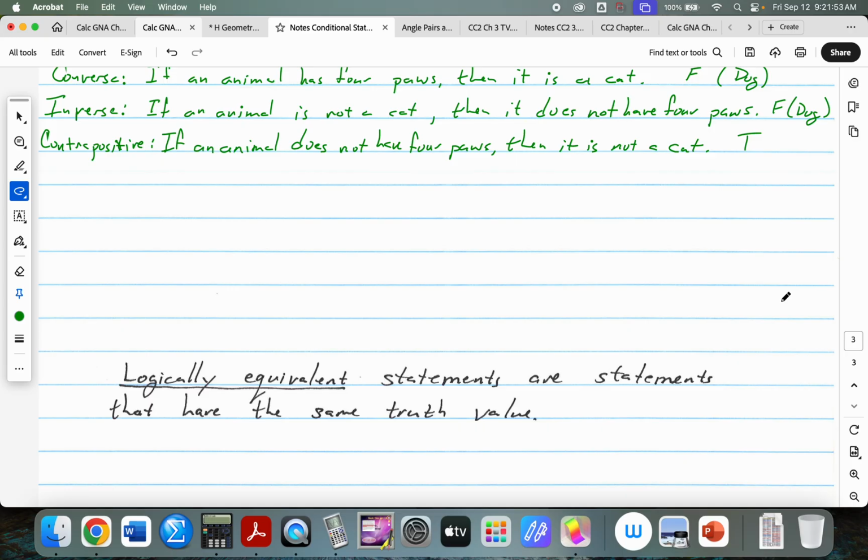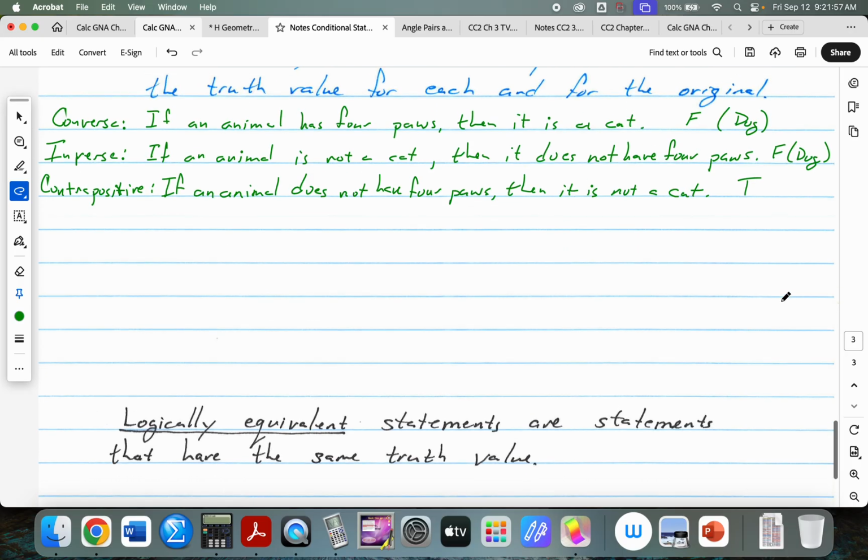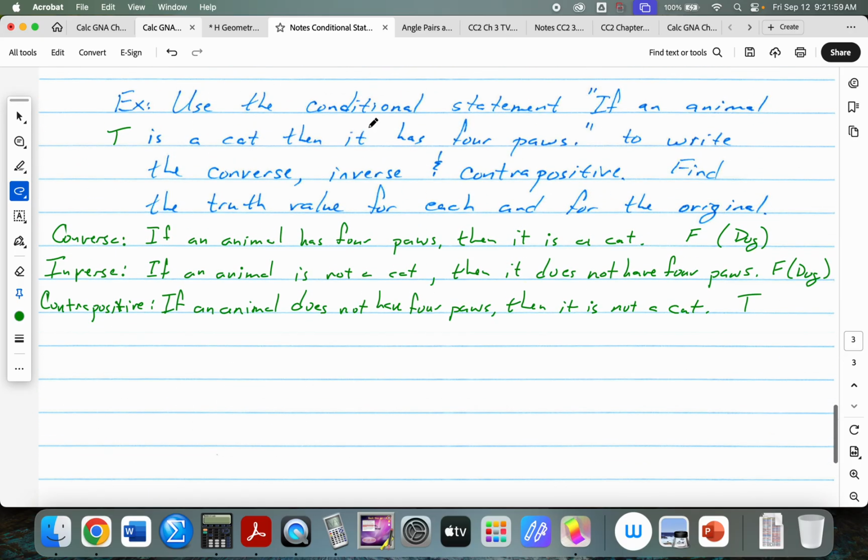So logically equivalent statements are statements that have the same truth value. So notice our original and the contrapositive were both true. So a statement and its contrapositive have the same truth value.